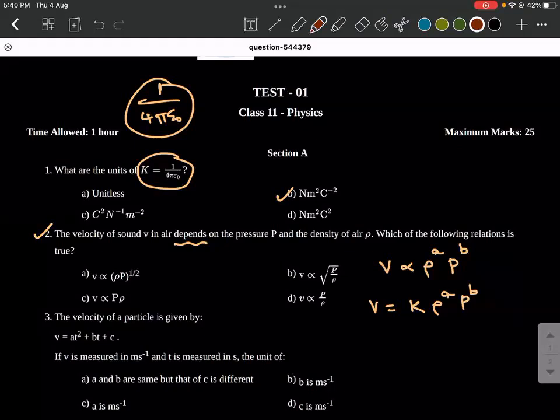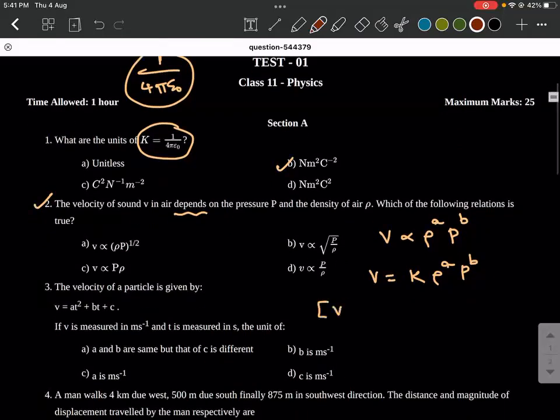It is a dimensionless constant, meaning it does not have any dimensions or units associated with it. Then for the equation to be dimensionally consistent, what should happen on both sides? Exponents are supposed to be the same.